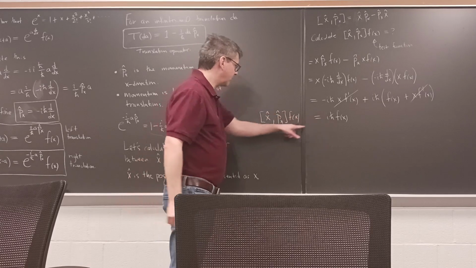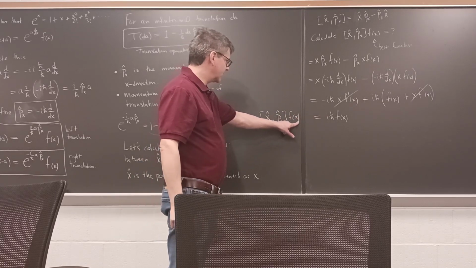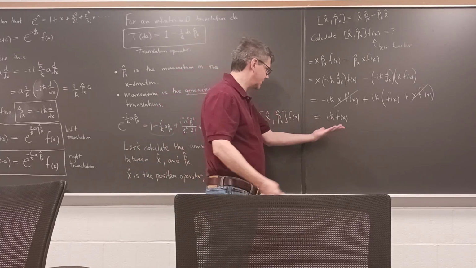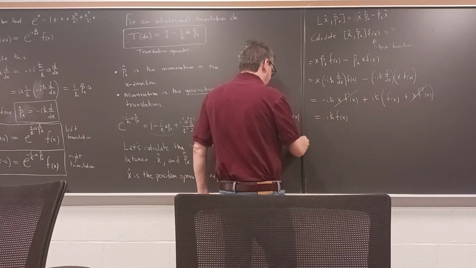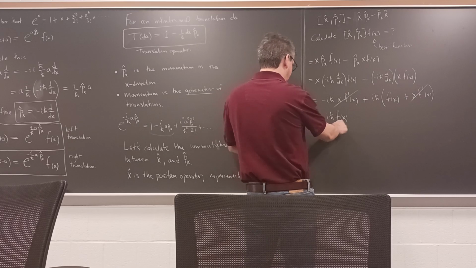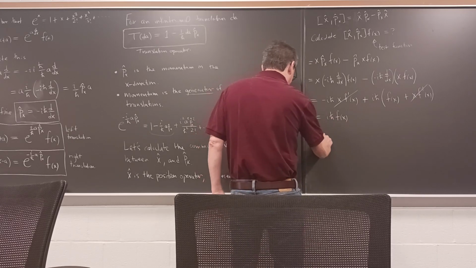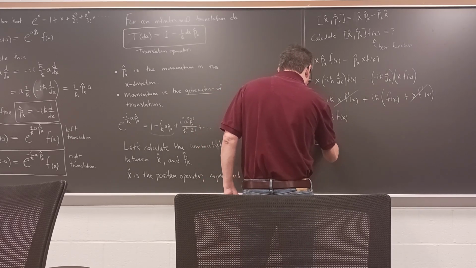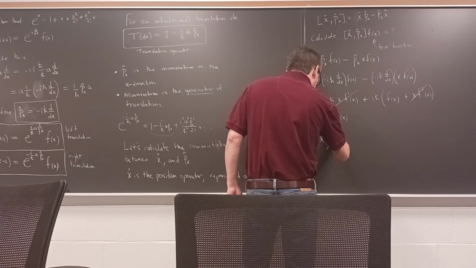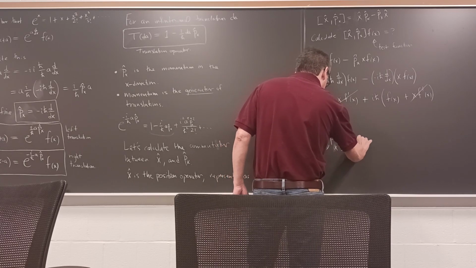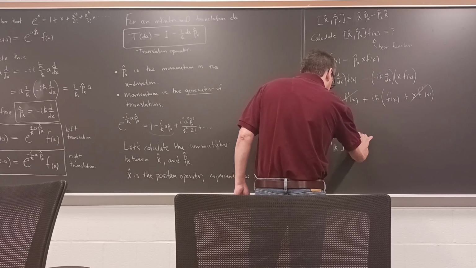So now that I have this relationship, the f of x I can just take out, because both of these things are operating on the function. So this just says that x hat p hat minus p hat x hat is equal to i h bar.